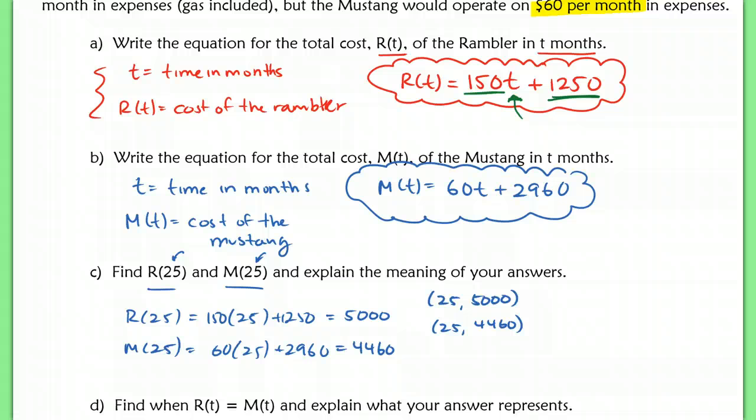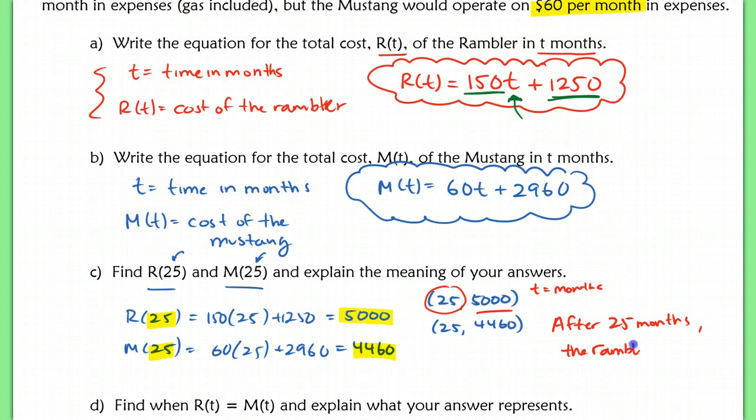Now, to interpret this, we look and we say, okay, that's a coordinate, (25, 5,000) and (25, 4,460). Remember, you defined this as T in months, so time in months, and this was the cost. So this is saying after 25 months, the Rambler will cost $5,000, I'm just going to write that as 5K.